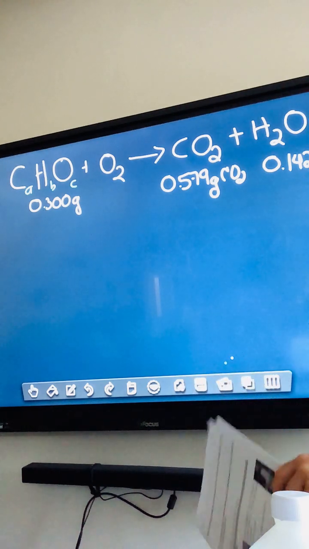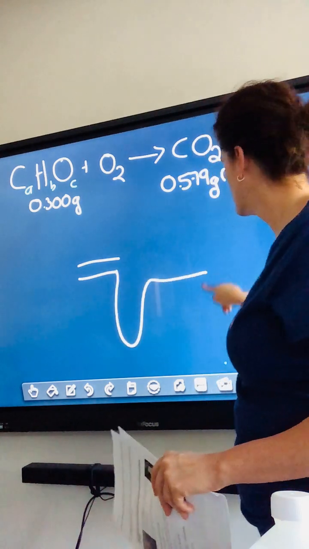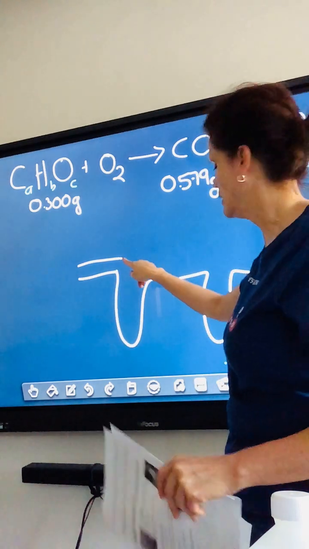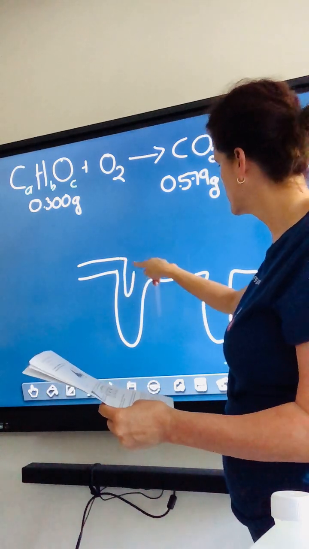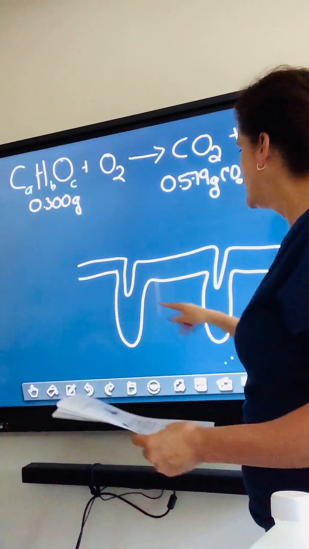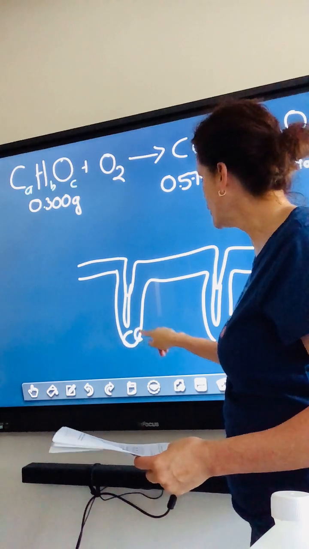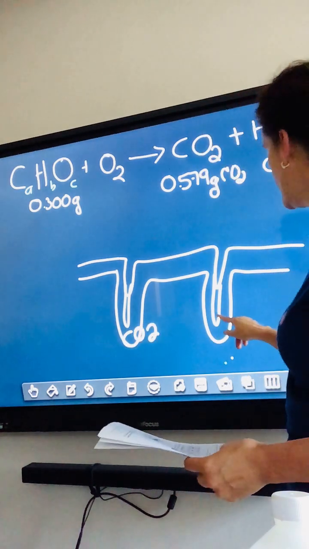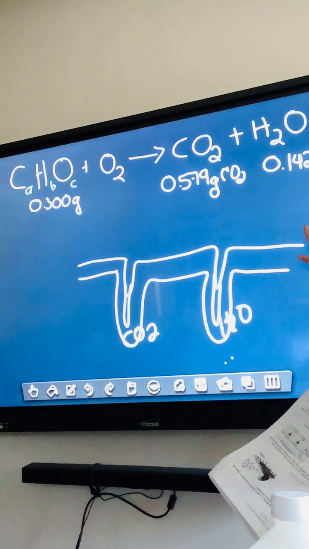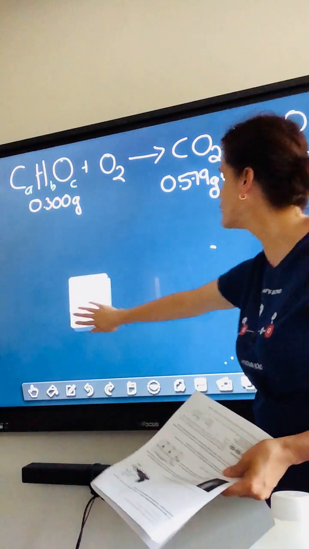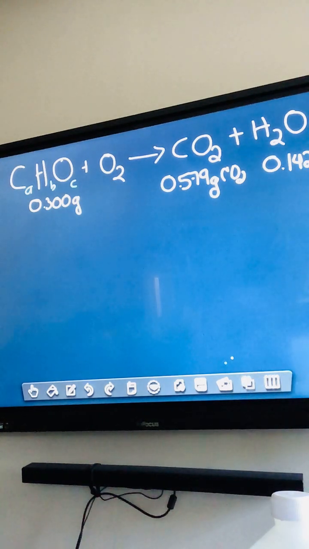So they literally ran this compound through these two beds, and the carbon dioxide will be collected here and the water will be collected here, and they measure how much they have of that. So that's all they can give us.